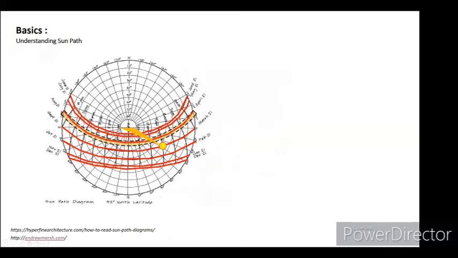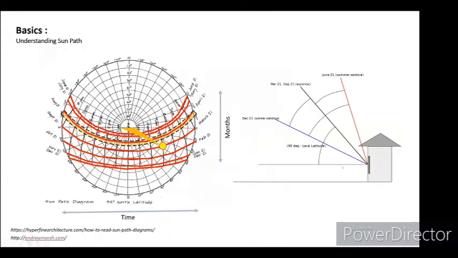The sun travels this way, and these are the months, and this is the time. But if you see it in section or elevation, you can see the sun reaches its high point over here on June 21st, and the sun is low on December 21st, the winter solstice.